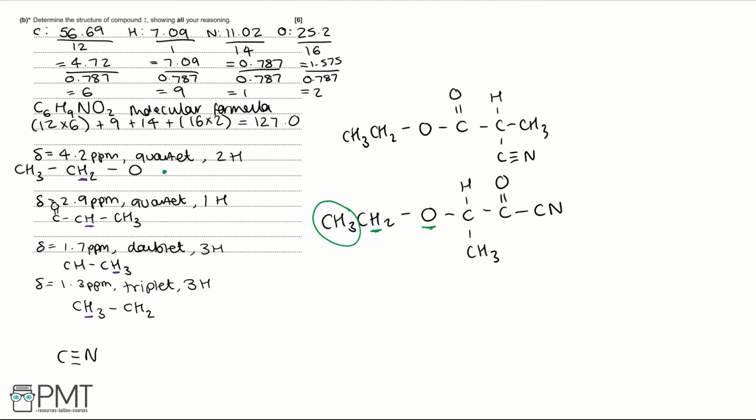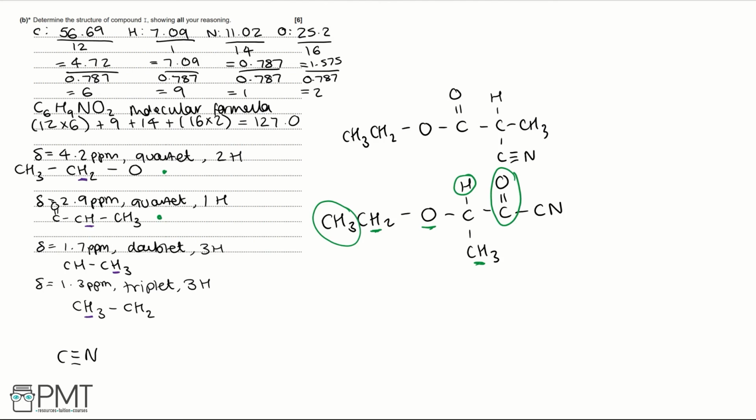Then if we look at our 2.9 ppm proton environment, that's going to be this hydrogen here. Now it's still bonded to the carbon double bond oxygen. It's still going to be a quartet because of this CH3 group. So again, we've checked that we've got both proton environments.